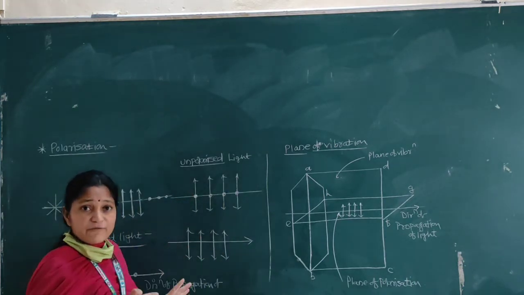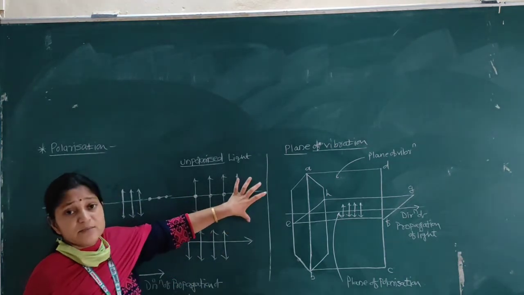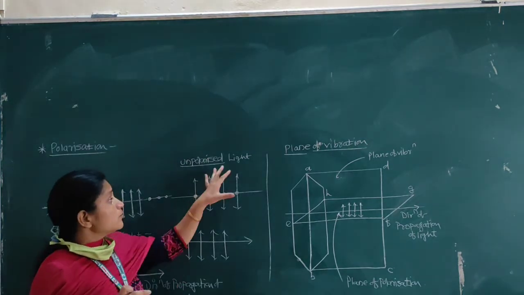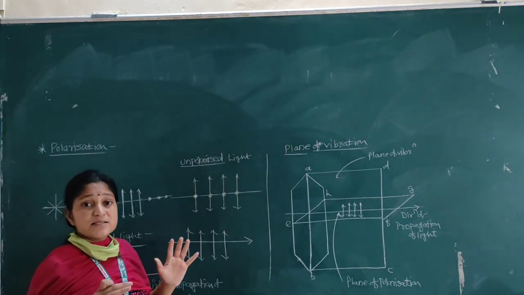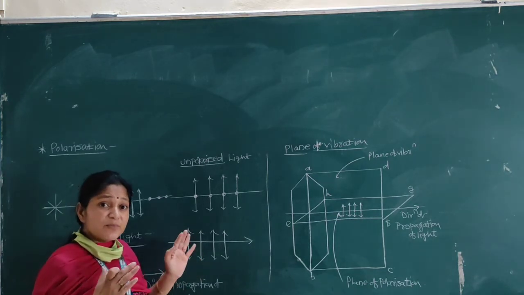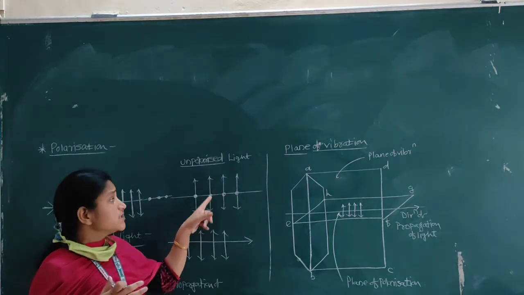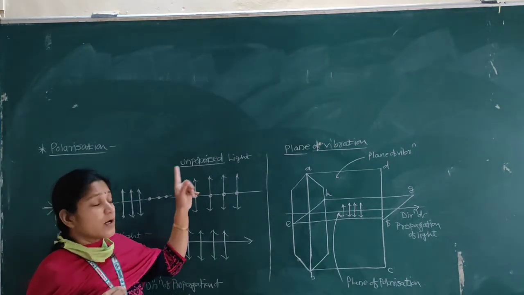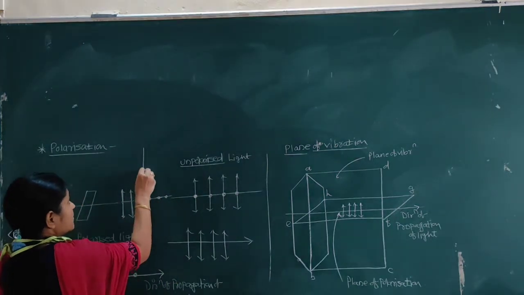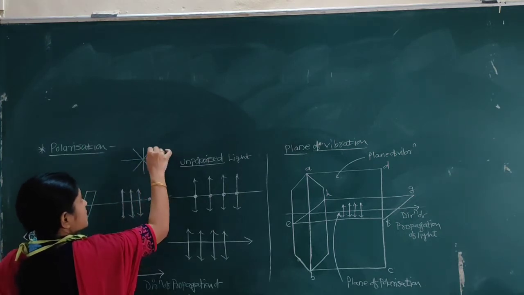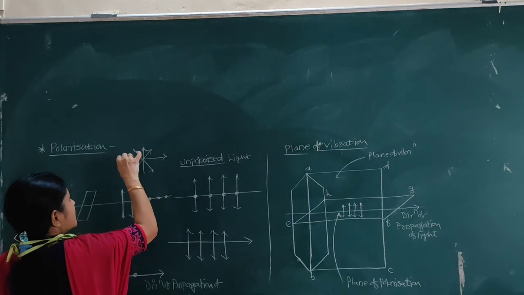Therefore this light is nothing but unpolarized light. For a simple definition, unpolarized light means the vibration of the particles of the medium is along all possible directions. Or unpolarized light we can represent like this also. So this is also unpolarized light.